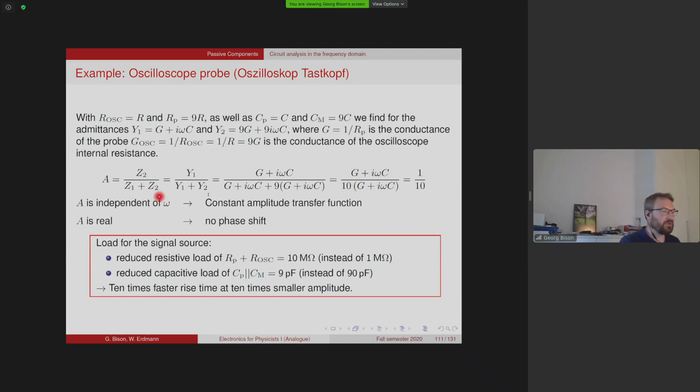Then we can write down the formula for the voltage divider, put in all the values, and then we see this simplifies to this form where this part cancels with that part. So independent of frequency, this is a dividing ratio of 1 over 10.